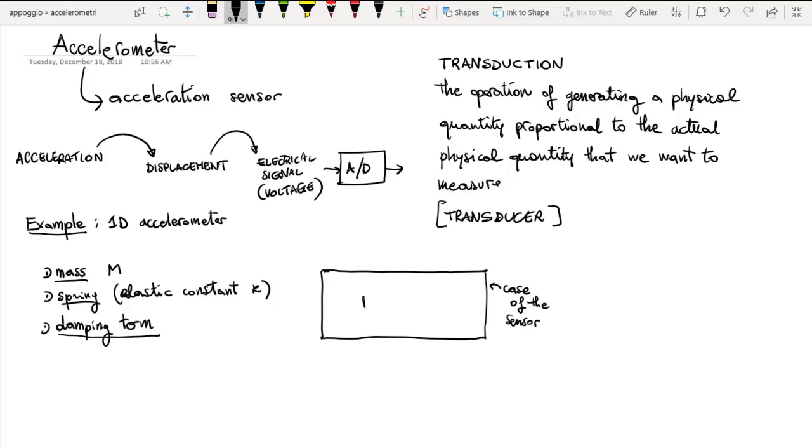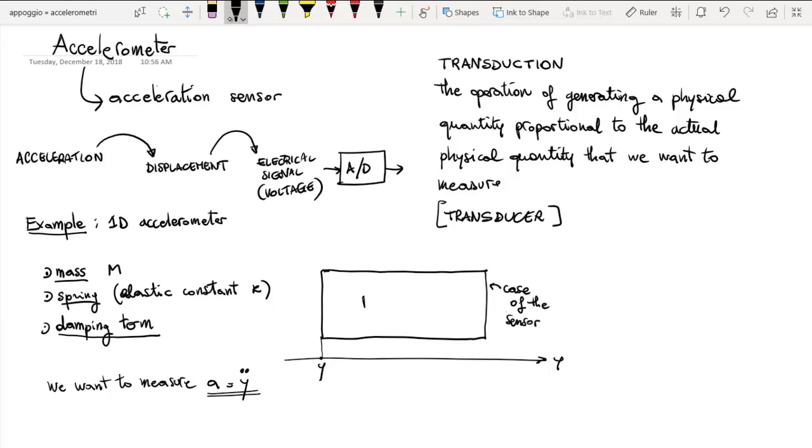Let's assume that we want to measure the acceleration in this direction. So what we want to measure is A, the acceleration, which is the second derivative of y, and y is the position of the case. A is the second derivative of y with respect to time.